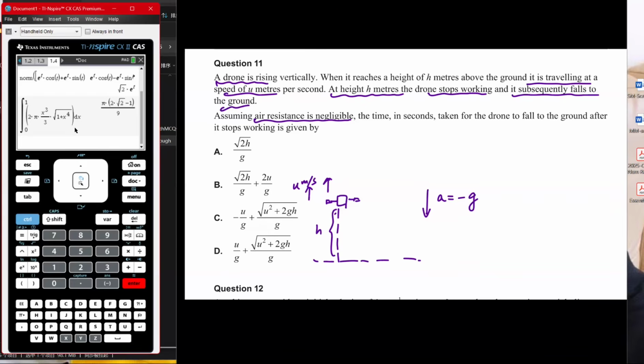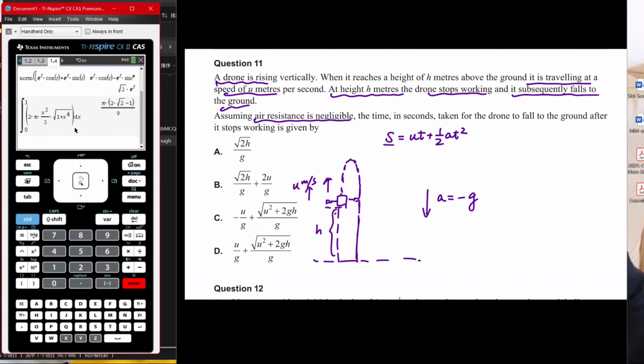You can see all the options are in terms of g. Therefore, I just keep the g here. Now, the process is like this. Rising up a little bit until it reaches zero velocity, then it drops back to the ground. So I'm going to use s equals ut plus half at squared.